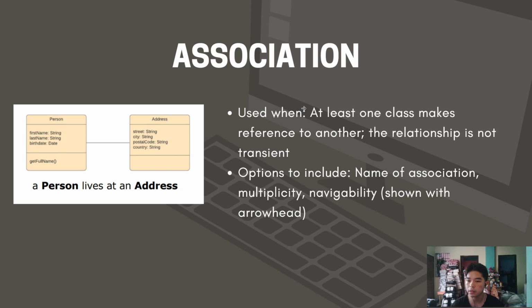A person has an address, with attributes like the street, the city, the postal code, and its country. In association, it represents a connection between the classes and its subclasses.